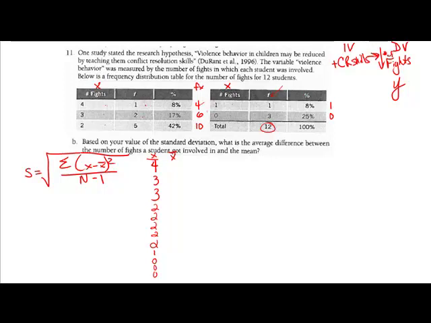I've got 4 plus 6 is 10, plus 10 is 20, 21, plus 0 is 21. So the sum of all of my x's is 21, and that's going to be divided by 12. 21 divided by 12, 1.75. Oh, I was thinking that was going to be a scarier number. Sometimes you get surprised.